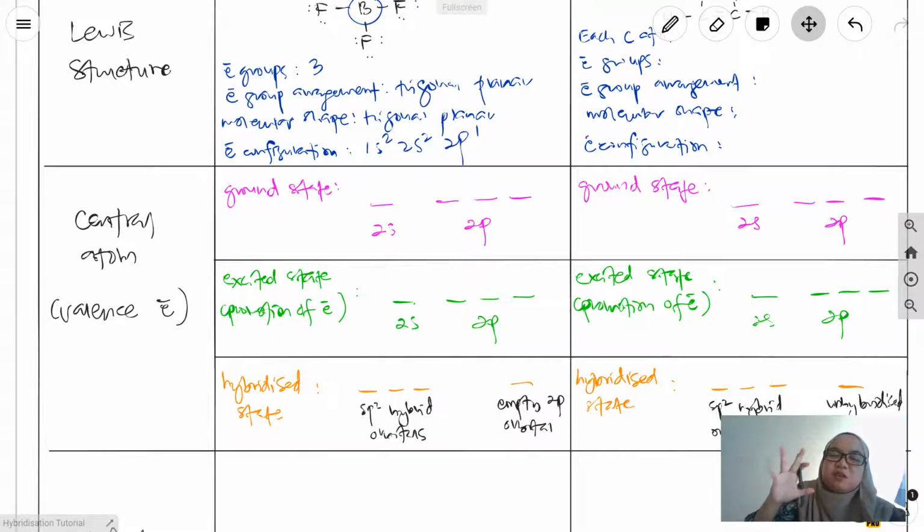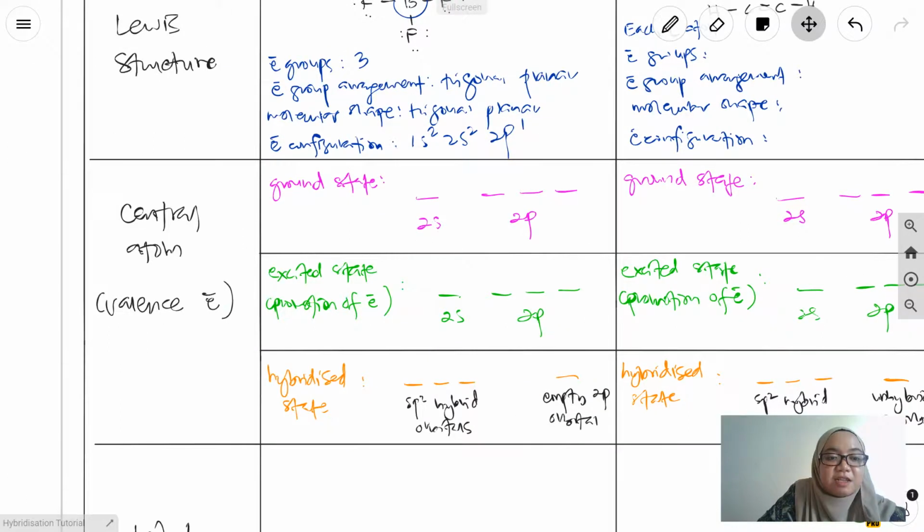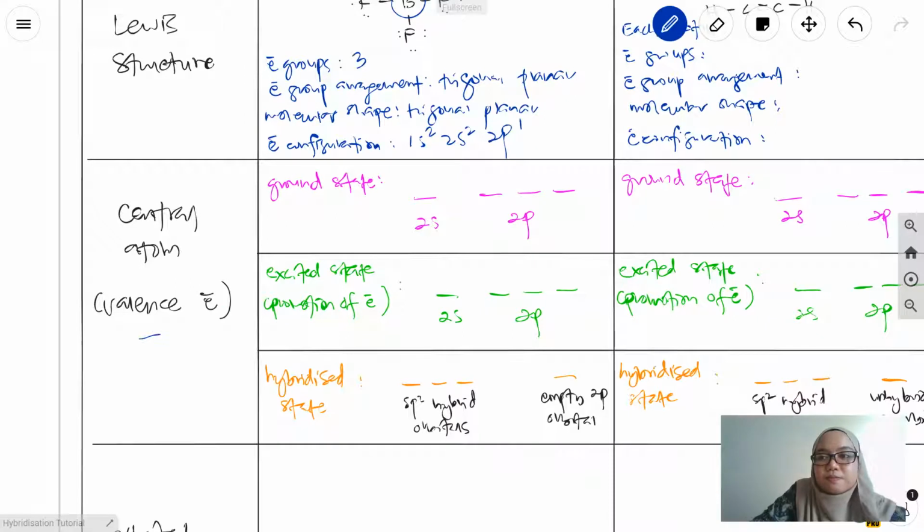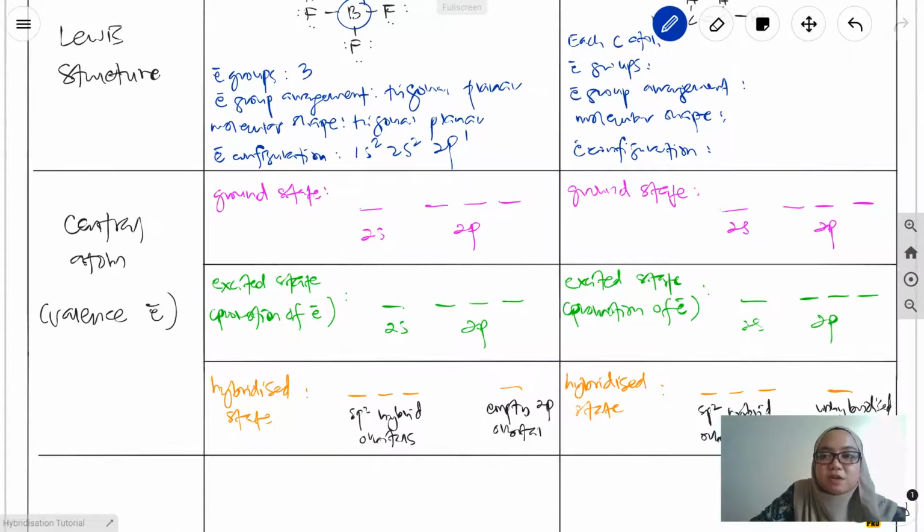We want to focus on the central atom because the hybridization process occurs within the central atom. So we need to focus on the valence electrons. Here, the valence electrons are 2s2, 2p1.